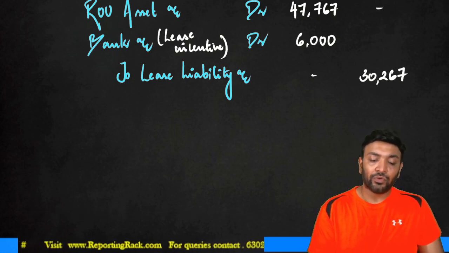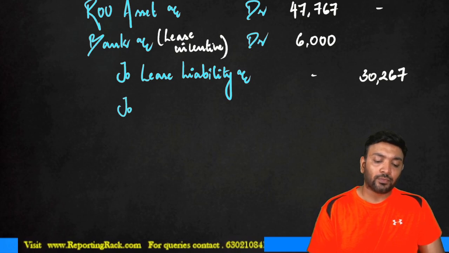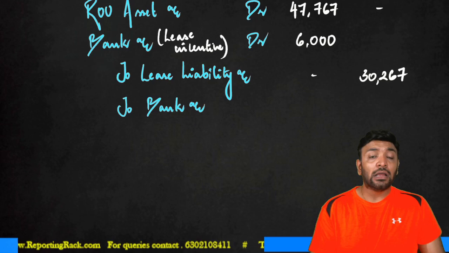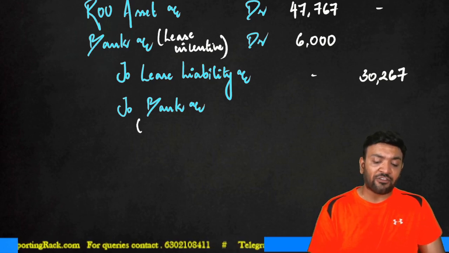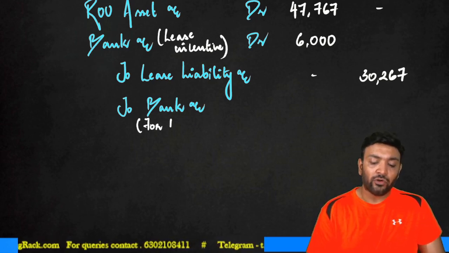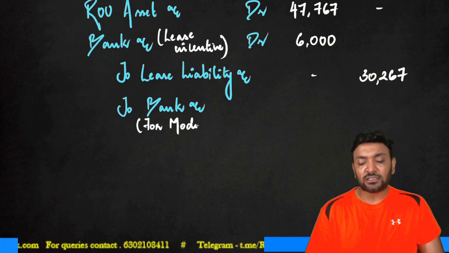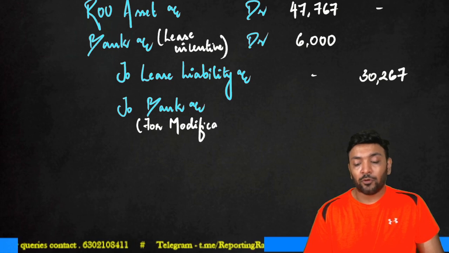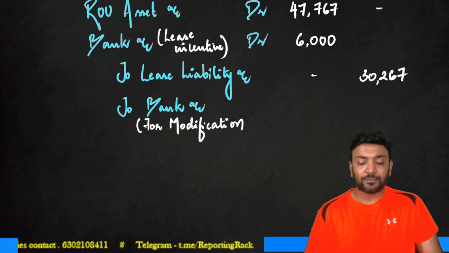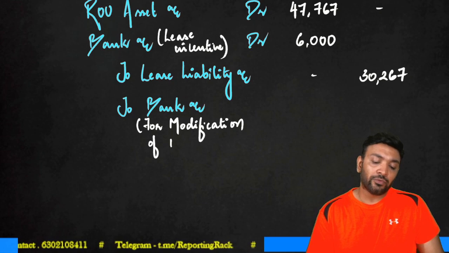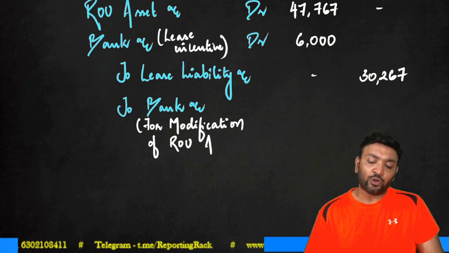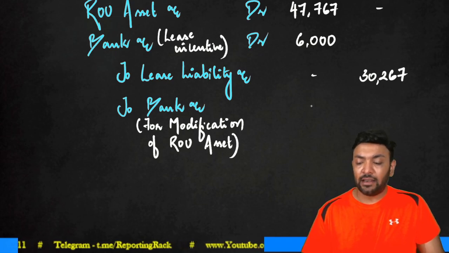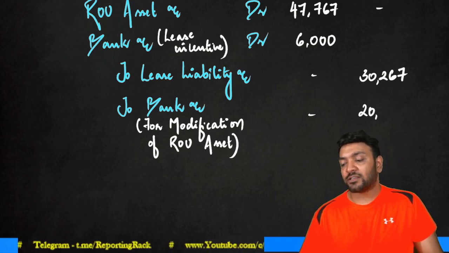Further, to bank account. Why again payment of bank? I paid for lease modification. For modification of leased asset prior to the commencement of lease, or modification of ROU asset before the commencement of lease, I paid 20,000 rupees.